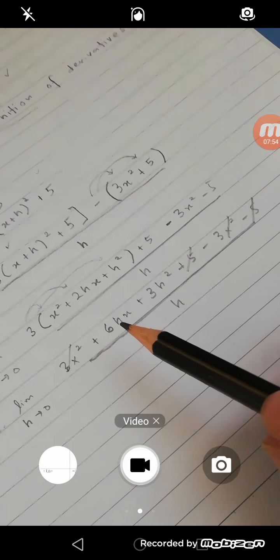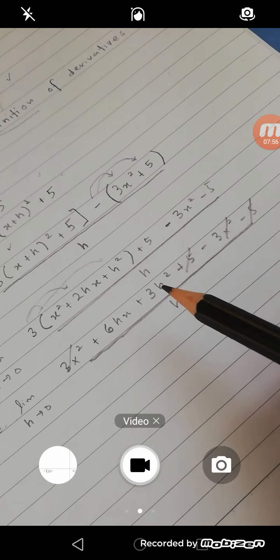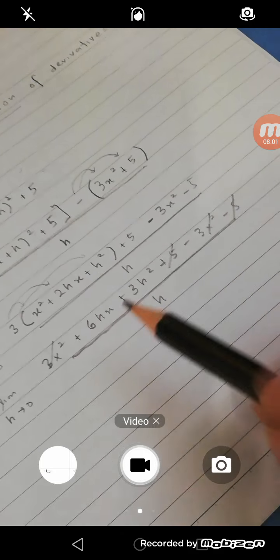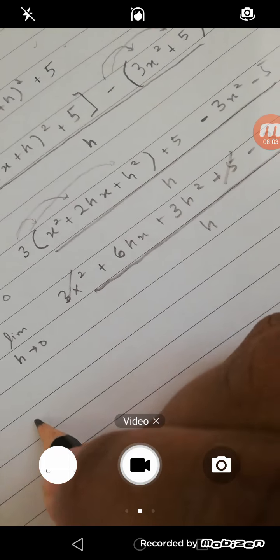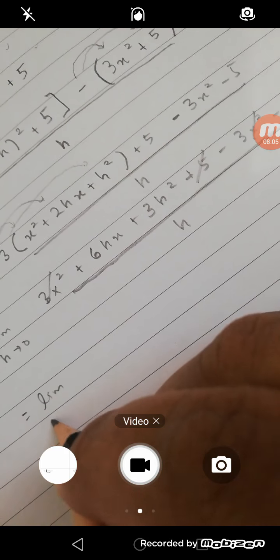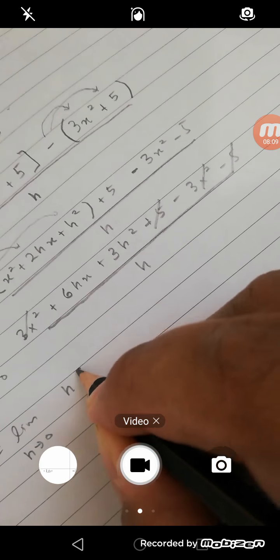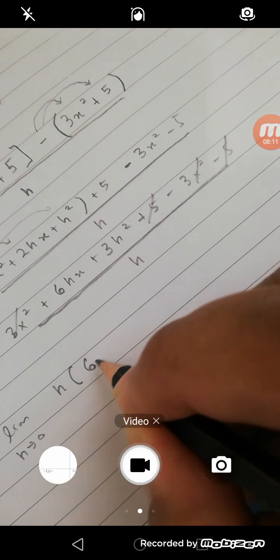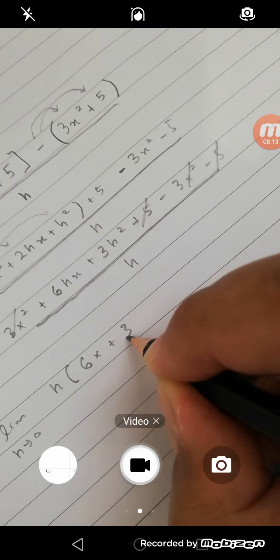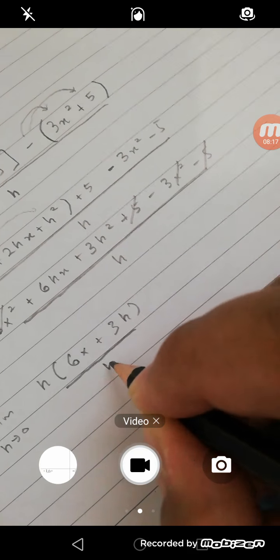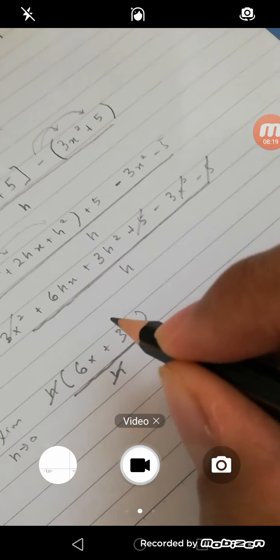Here you have h and also h, so you can factor out h: the limit as h approaches 0 of h multiplied by (6x plus 3h), over another h. So you can cancel out h and h.